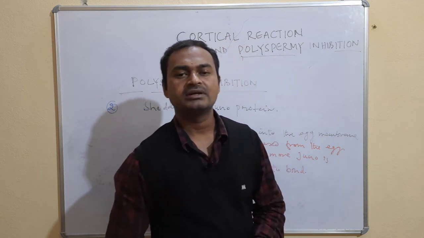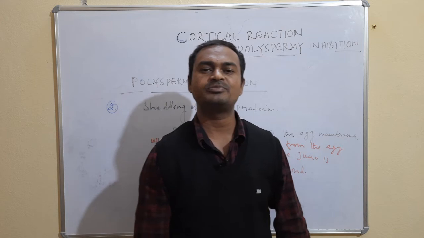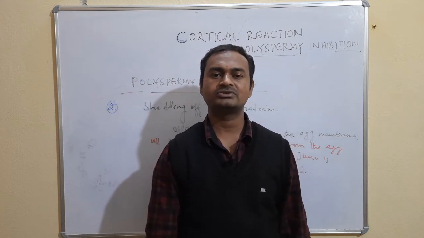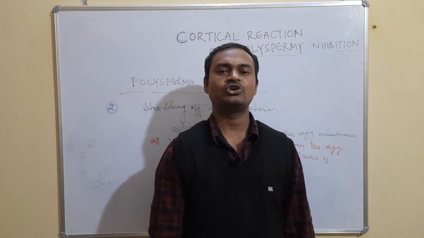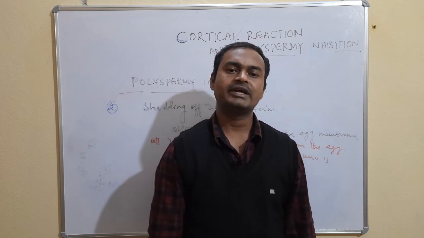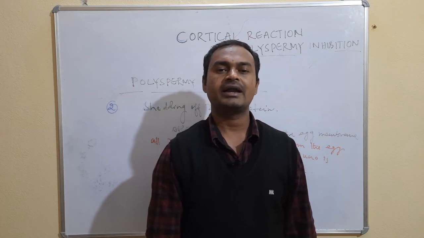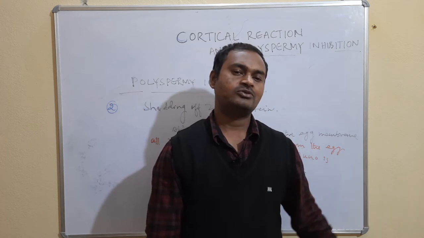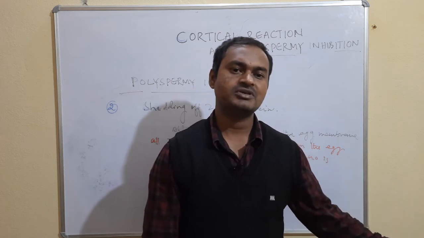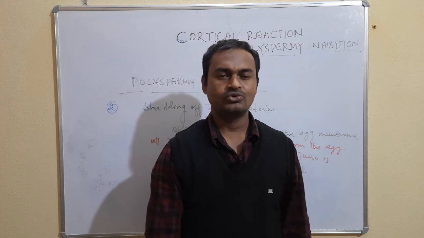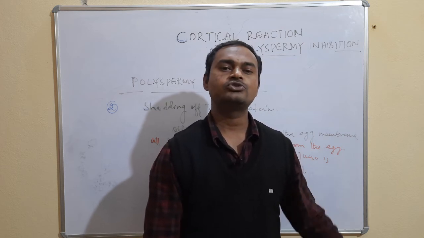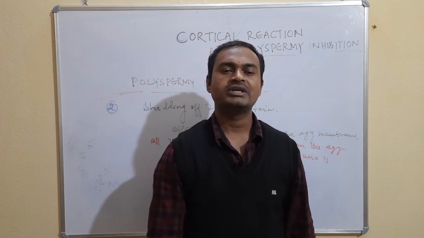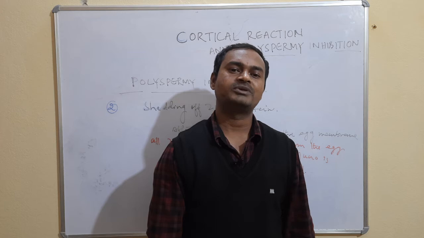Okay, after one of the sperm enters the egg membrane, then what happens? All the Juno which is present on the surface of the ovum gets shed off or released. After that, even if some sperm pass through the zona pellucida, their Izumo could not bind with the Juno protein because it has been released from the egg membrane.